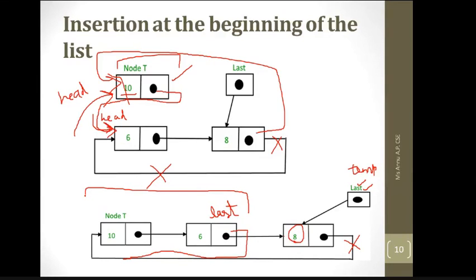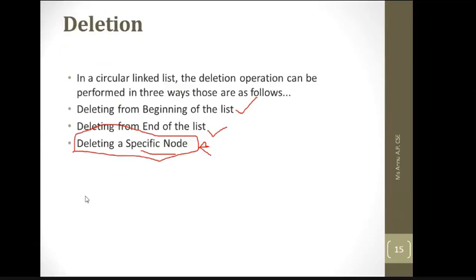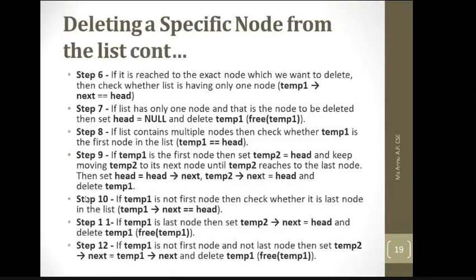Okay, so there are only 4 operation left, and I'll be giving these 4 operation to you to perform in your assignment. Okay, after completing this unit, you have to complete an assignment, and I'll be giving the rest operations in the assignment. Okay, so the question for the assignment will be like you need to perform insertion and deletion on circular doubly linked list.